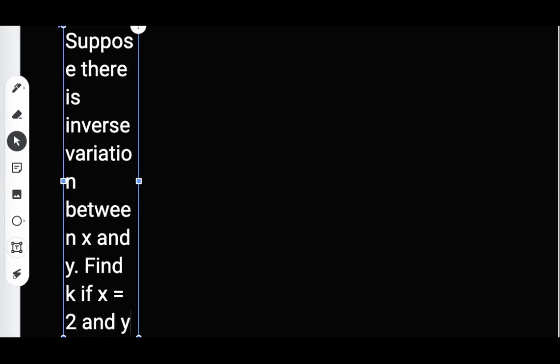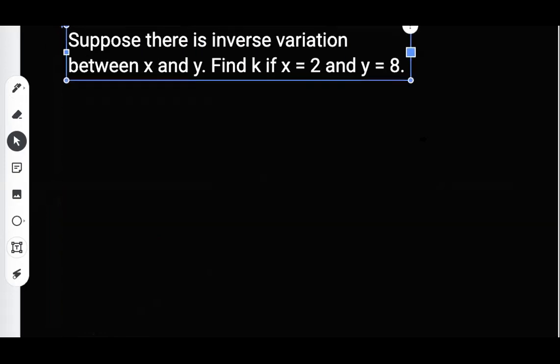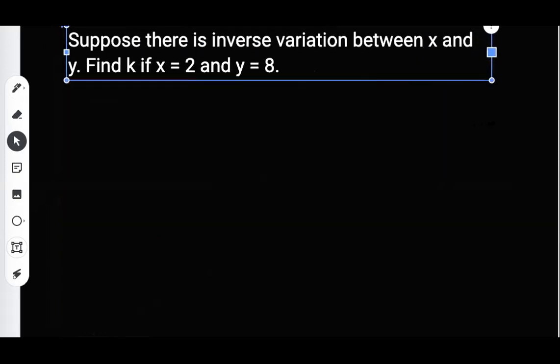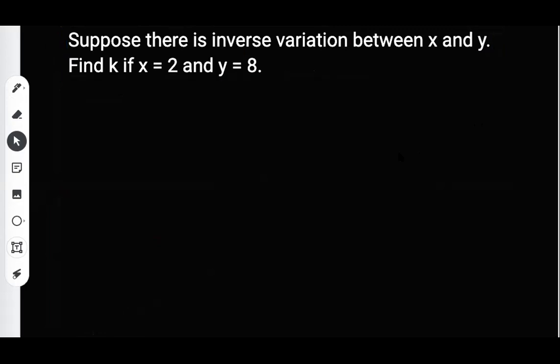Find k if x equals 2 and y equals 8. Let me fix that. There we go. Okay, suppose there is inverse variation. So the first thing I do, just like for direct variation, is write out the formula first. So the formula is going to be y equals k over x.